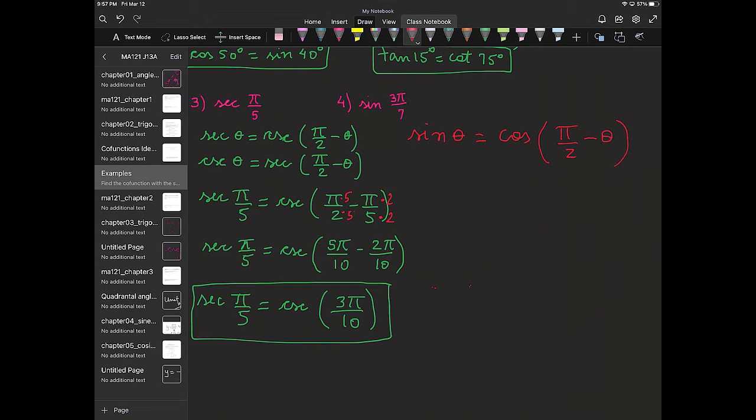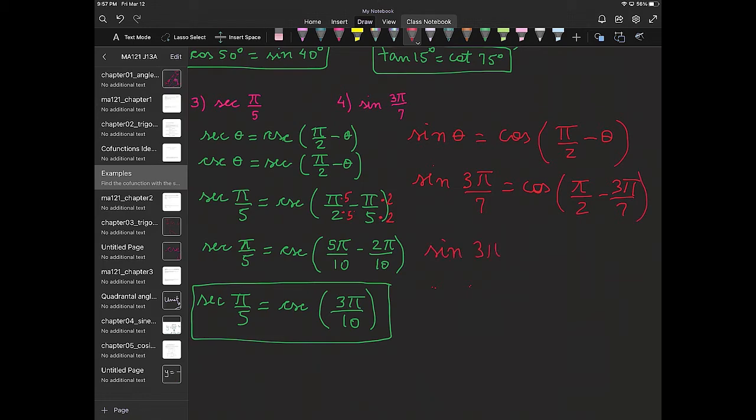Because theta for us now is 3 pi over 7, sine of 3 pi over 7 is equal to cosine of pi over 2 minus 3 pi over 7.